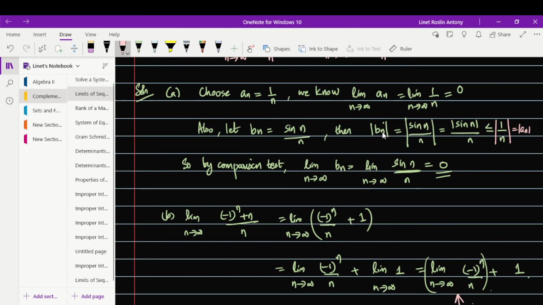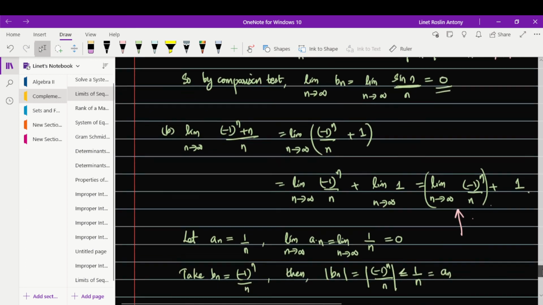So here you have modulus of b_n is less than or equal to modulus of a_n, and you know that limit n tends to infinity a_n is equal to 0. So you can use the comparison test to get limit n tends to infinity b_n, that is limit n tends to infinity sin n by n, equal to 0. So you obtained that limit using comparison test.